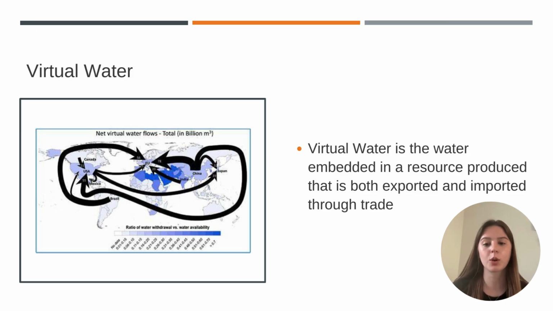This concept is important because by understanding and having awareness of this, countries can mitigate water disparities and designate certain countries to produce products that require less water if they have water scarcity, or vice versa for countries that have a water abundance. The image on the left of the slide just displays the flow of virtual water throughout the globe and between several countries.